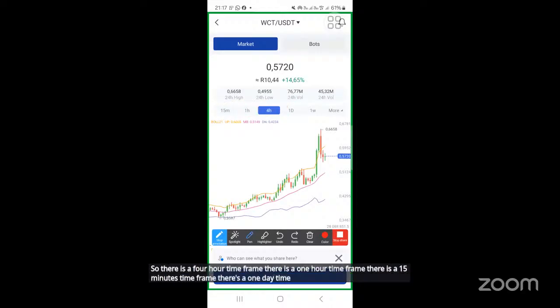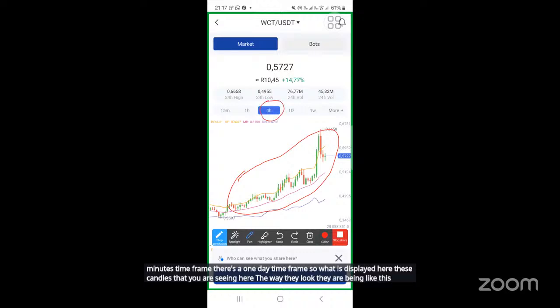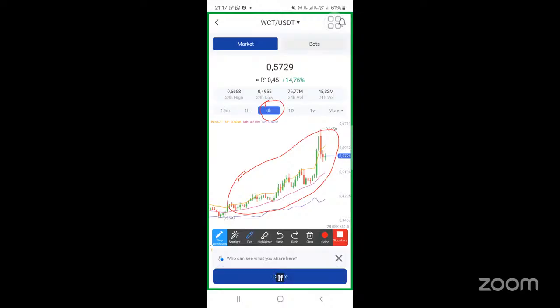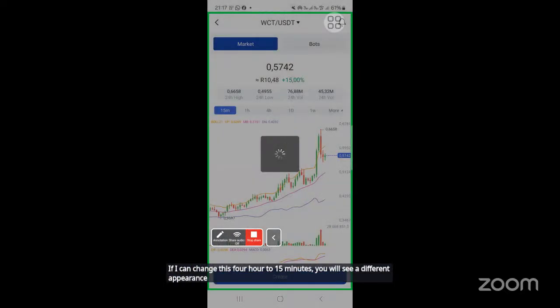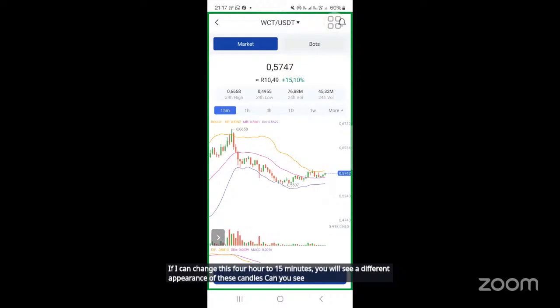So what is displayed here, these candles that you are seeing, the way they look, they are being like this in a 4-hour time frame, which is a bigger picture of the market. If I change this 4-hour to 15 minutes, you will see a different appearance of these candles. Can you see now? This is 15 minutes.